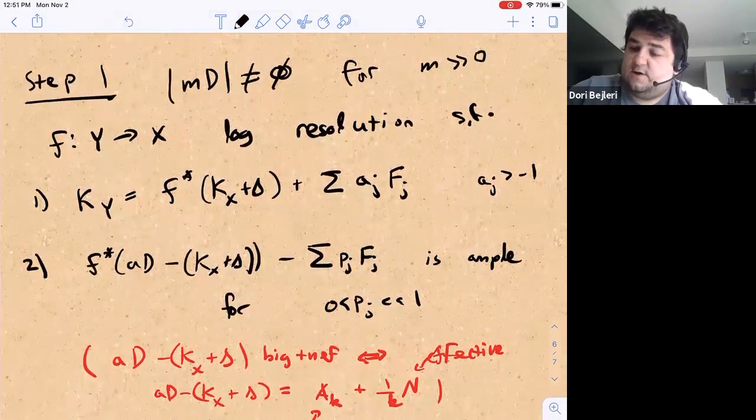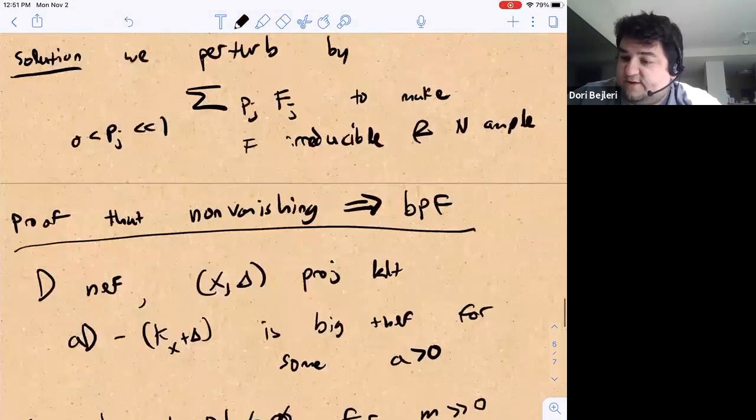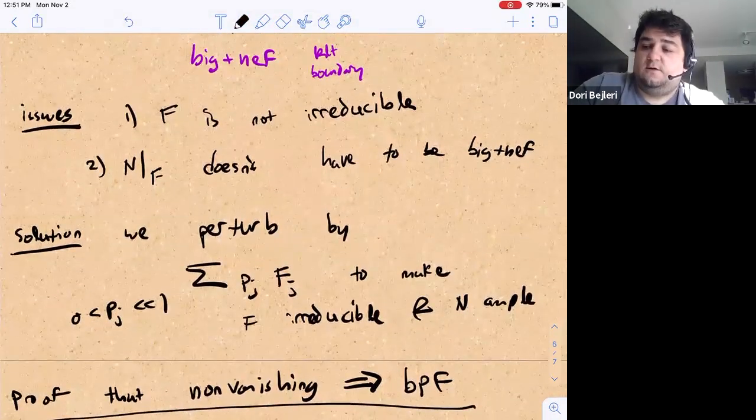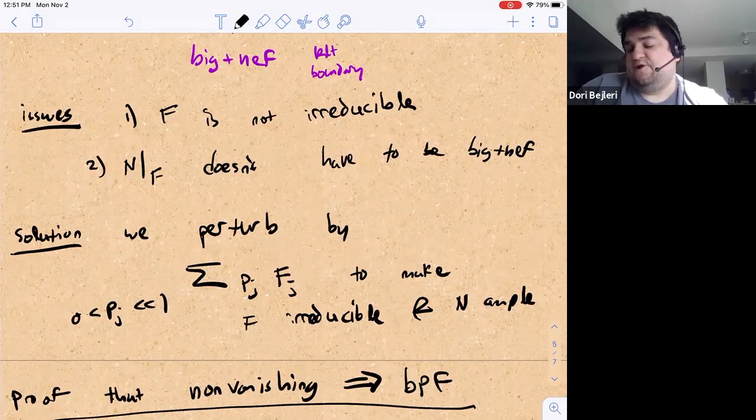So one of the things we needed our perturbation to do was make this N still remain big enough when we restrict it. But now we're perturbed, so this N is actually going to end up being ample, and the property of being ample is preserved under restriction.